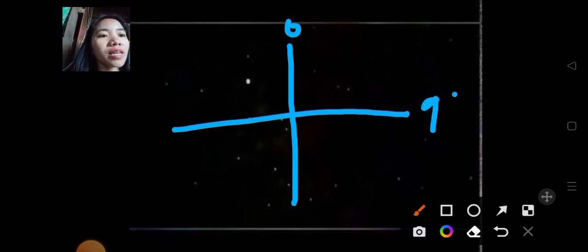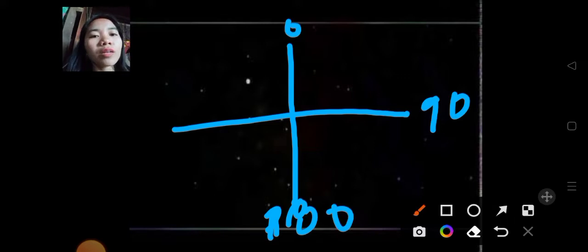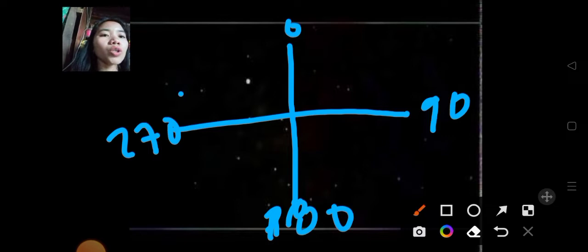For our 145 degrees azimuth, since it is clockwise, we go from 0, 90, 180, and 270. So our 145 degrees is here.